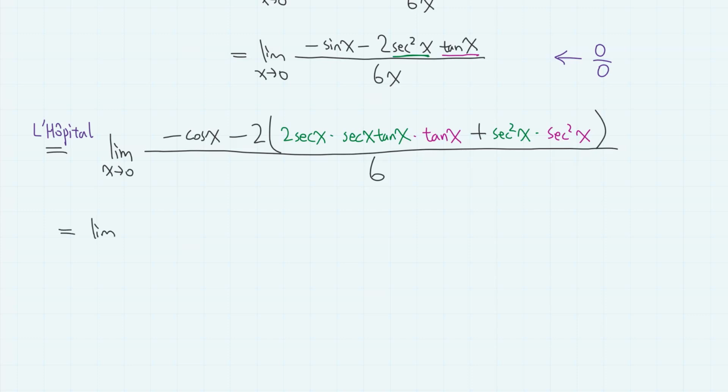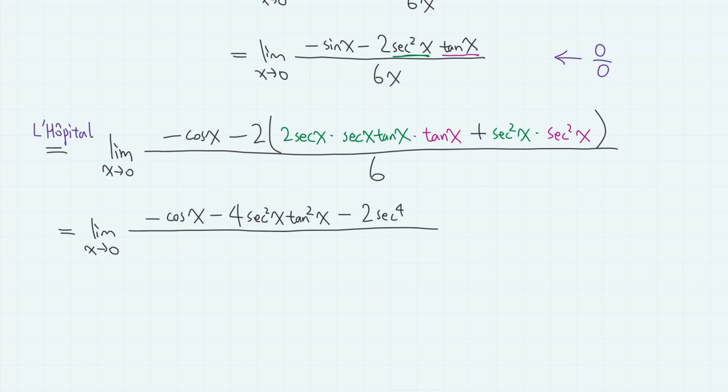So we have the limit of minus cosine x minus 4 secant squared x tangent squared x minus 2 secant to the 4th power x divided by 6, and now we can finally obtain the value of the limit as it is not in 0 over 0 form anymore. So we have minus 1, then the next term is 0, and the next term is 2, so this divided by 6, which gives negative 1/2.